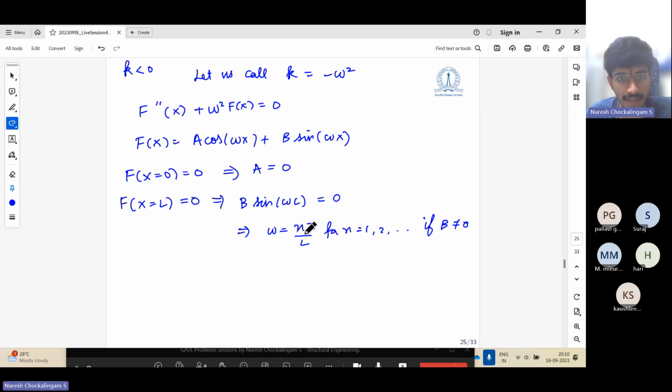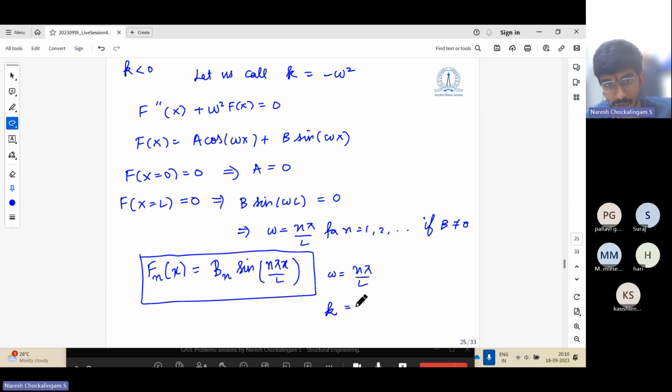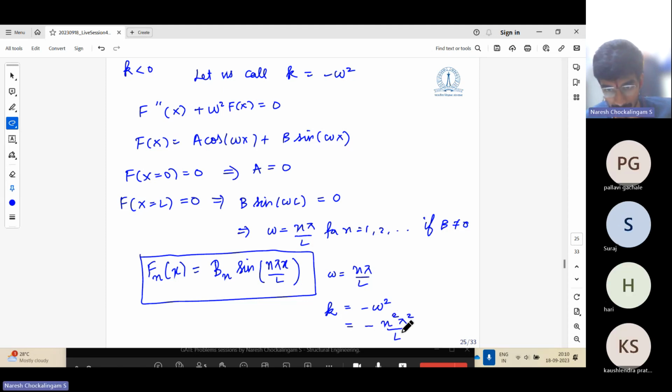We only have omega is n pi by L. So call f_n of x as b_n sine n pi x by L. What is omega here? Omega is n pi by L. What is k? k is minus omega square. So it is minus n square pi square by L square.